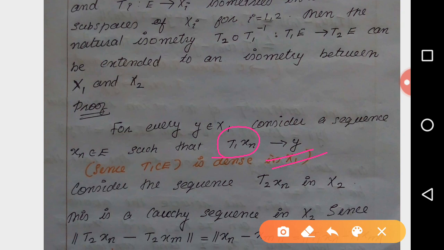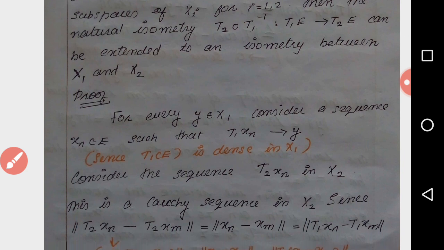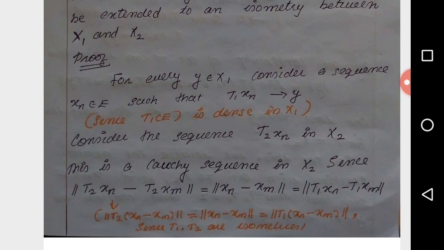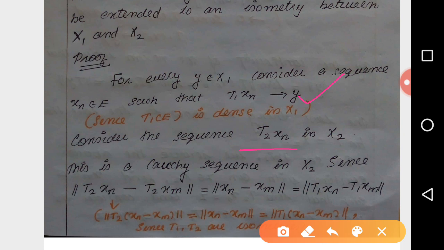This will clearly be a Cauchy sequence, because we already assumed that T1 xn converges to y. To show that T2 xn is a Cauchy sequence, we start with the norm of T2 xn minus T2 xm. Since T2 is a linear isometry, the norm of T2 x is nothing but the norm of x. So the norm of T2(xn minus xm) can be written as the norm of xn minus xm.